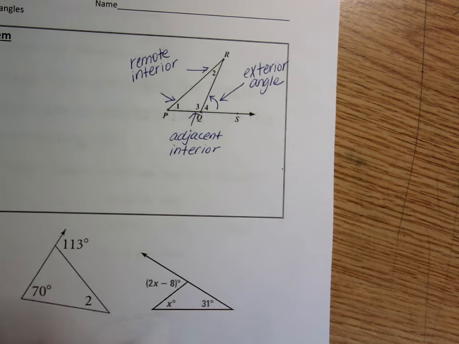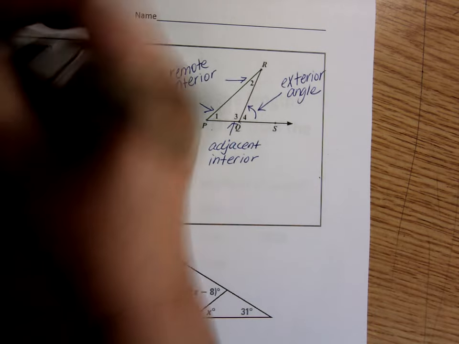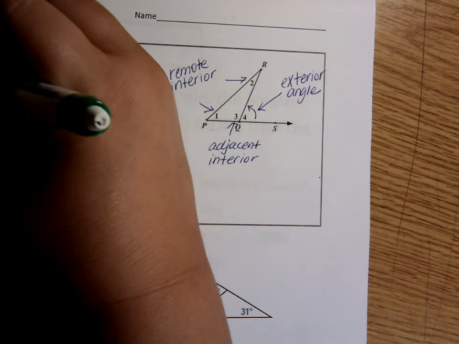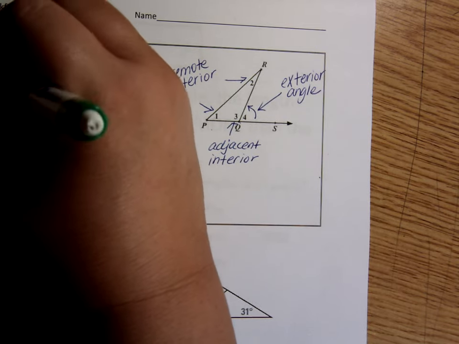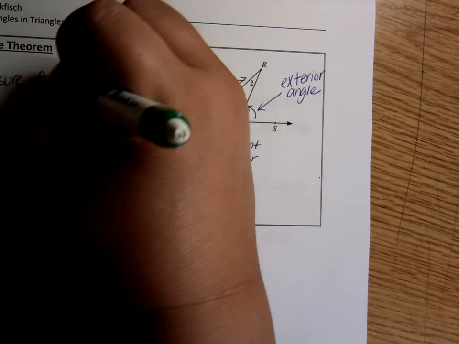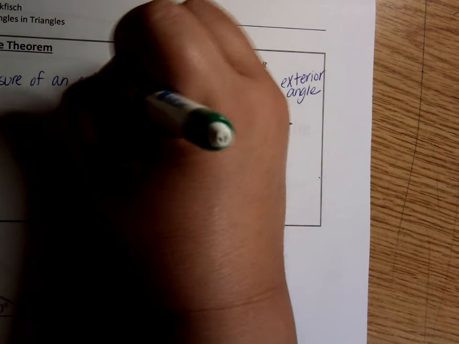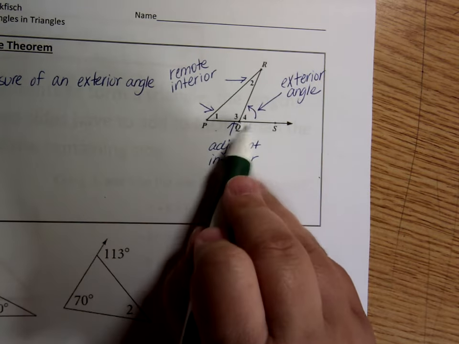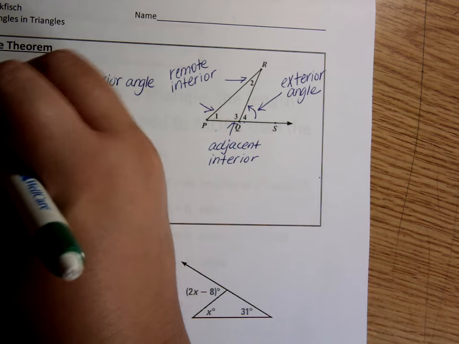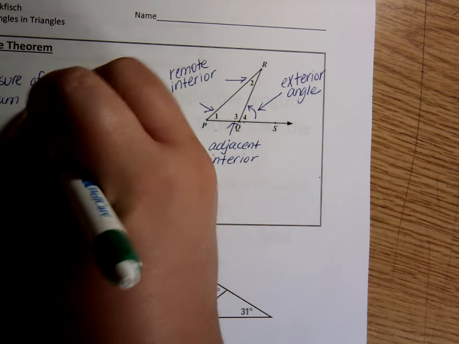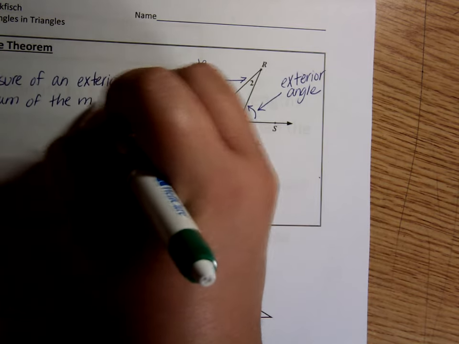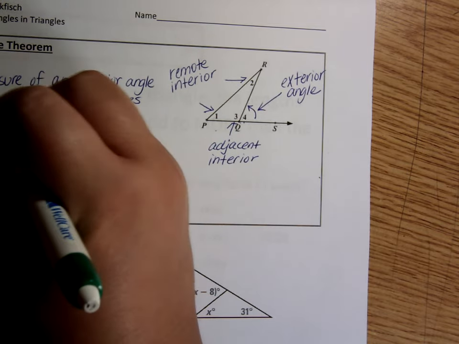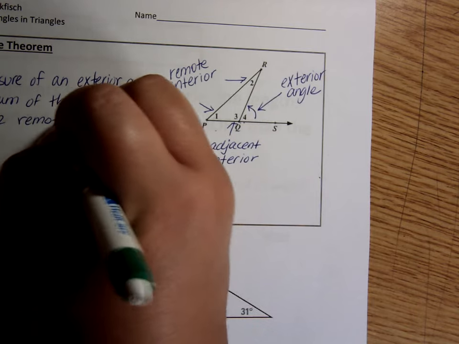Basically, the exterior angle theorem says this. The measure of an exterior angle, in other words, the measure of angle 4, is the sum of the measures of the two remote interior angles.